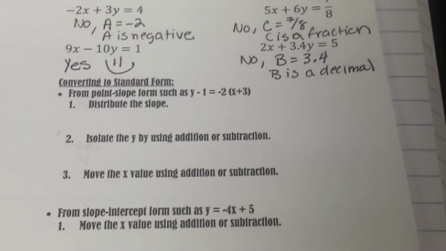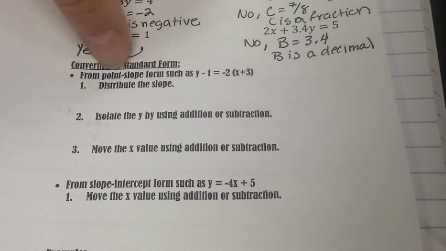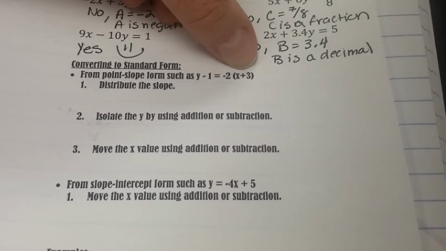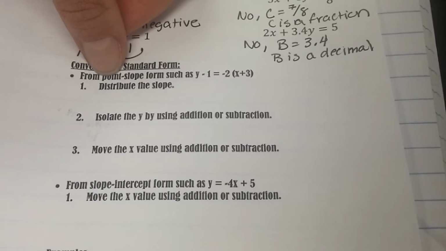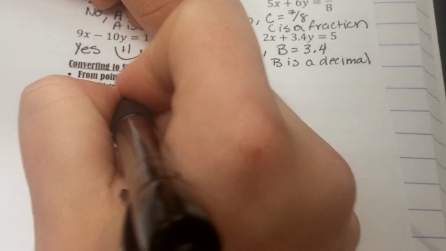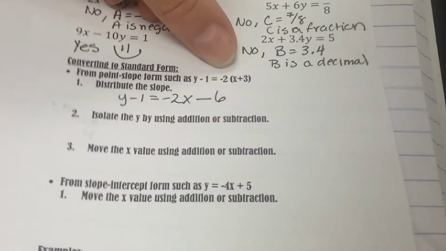All right. Next, we're going to talk about some steps for converting to standard form. So if we have a line that's in point-slope form, such as y minus 1 equals -2 times x plus 3, first step would be to distribute the slope. So here, we have y minus 1 is equal to -2 times x is -2x, and -2 times +3 is -6.